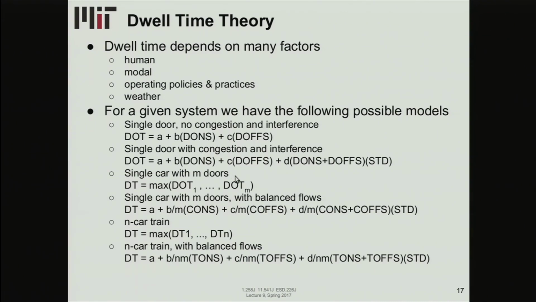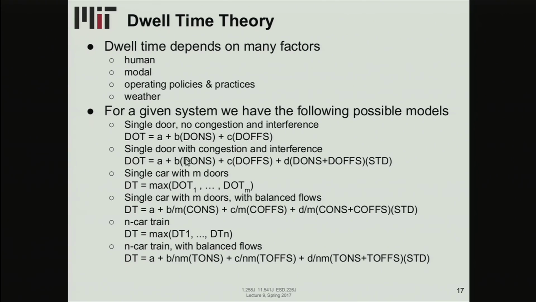If that car has M doors, then you could run a model for every door and then pick the door that was slowest, right? So that's that model. And if you say that actually people are more or less evenly distributed inside the vehicle and evenly distributed on the platform, and we are willing to assume that, then we can just divide by the number of doors, essentially, right?